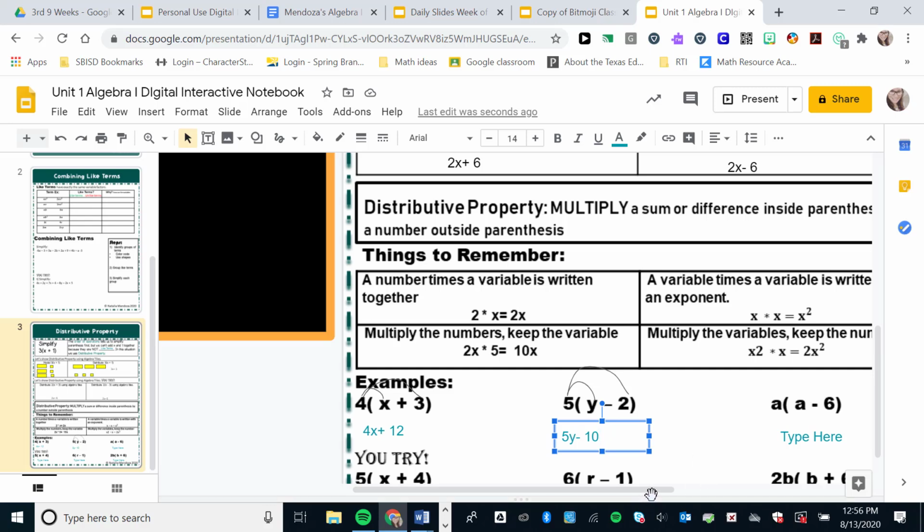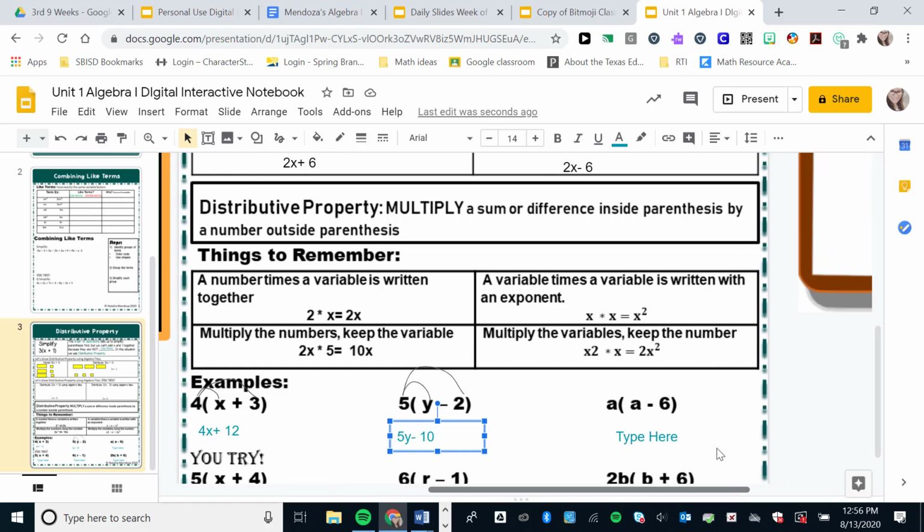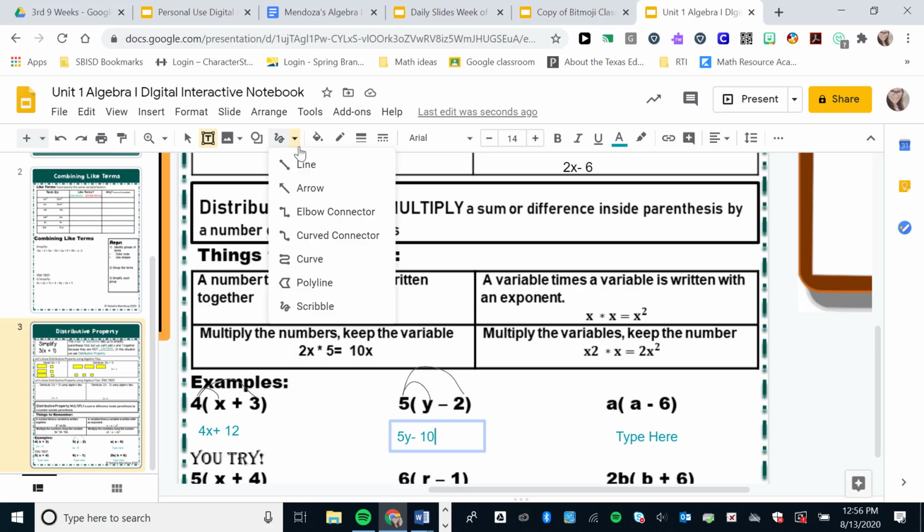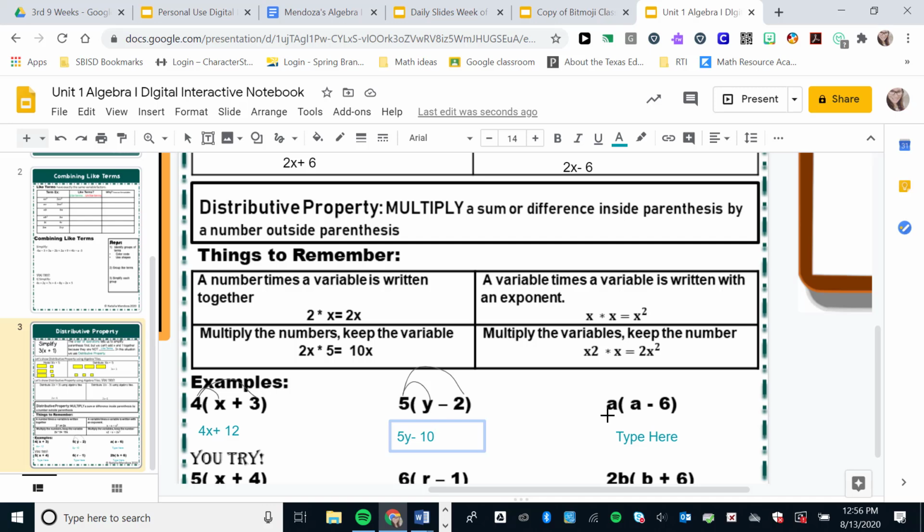All right, and then the last one, this one has a variable. That's why I had that extra rule. A times A. So remember, when we multiply the two variables, you write the exponent of how many variables you multiply together. So here we multiplied A times A, so we multiplied two variables. So that's the same as A squared. And I'm going to draw this little hat thingy because that tells me it's an exponent.